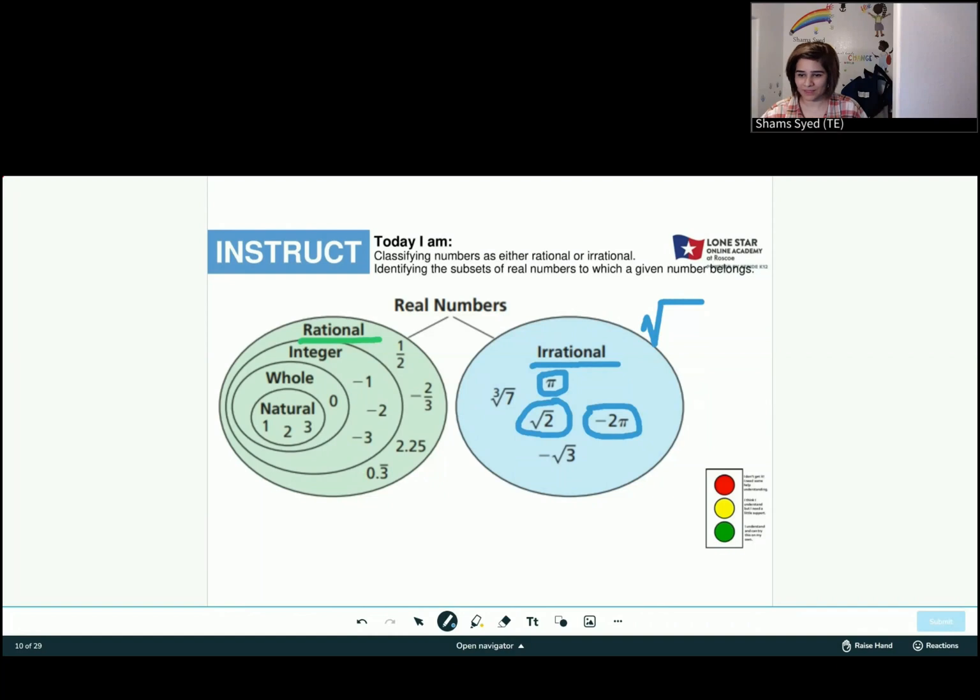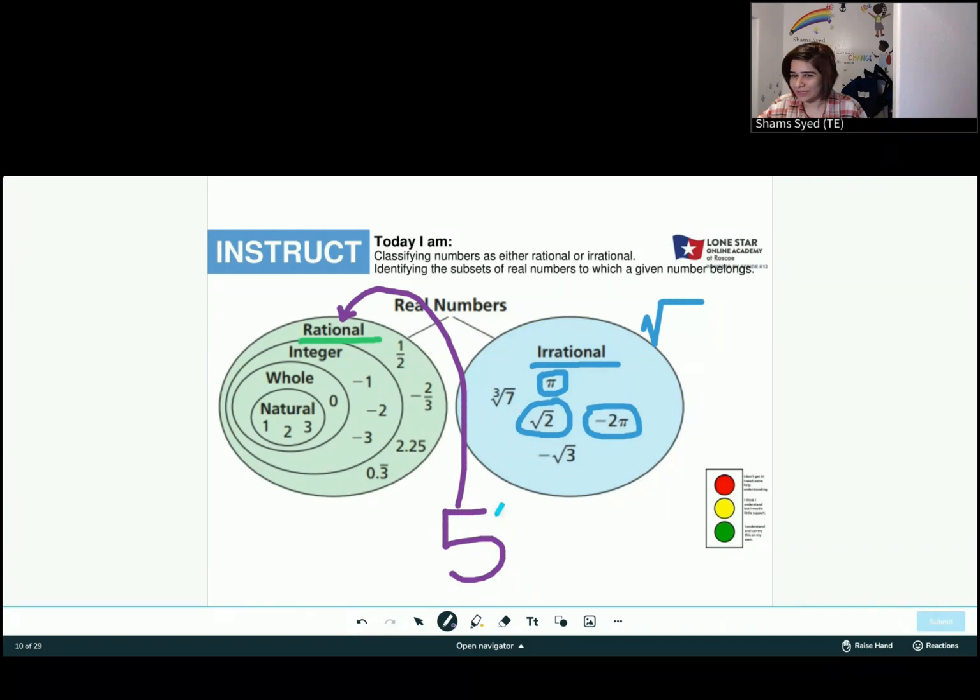No? Okay. I have a number that is 5. Is it going to be rational or irrational? It is going to be rational. So nice. It is going to be a rational number.